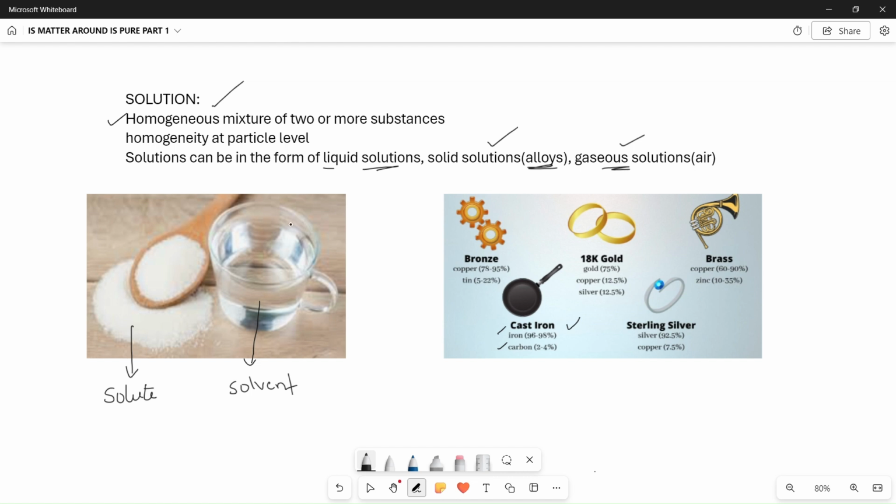The obtained mixture is called the solution. Here the solute is sugar and the solvent is water. The substance which is to be dissolved is called the solute. The substance in which it is dissolved is called the solvent. The obtained mixture is called the solution.